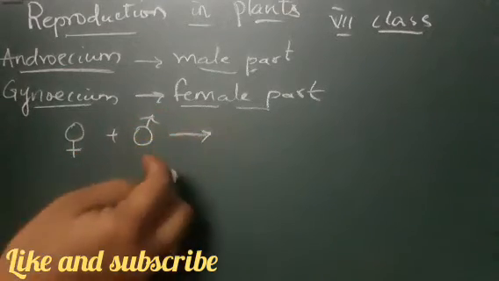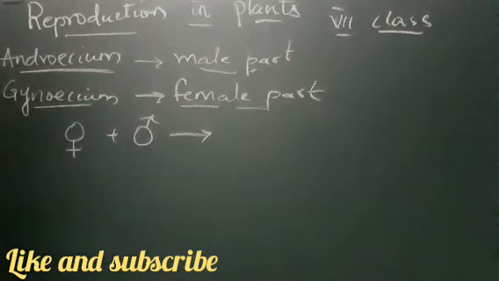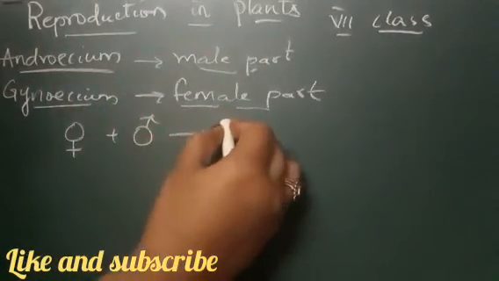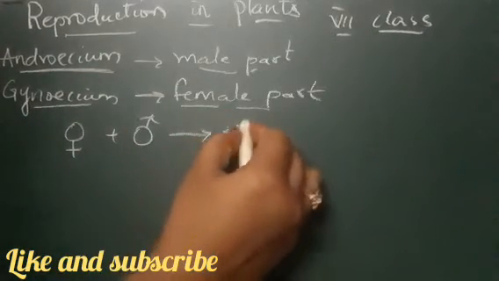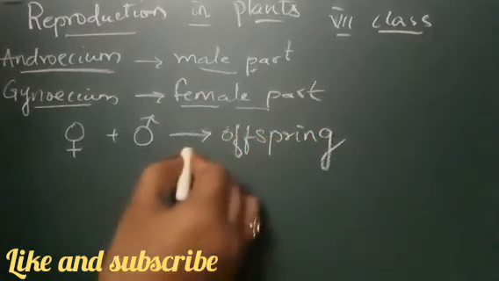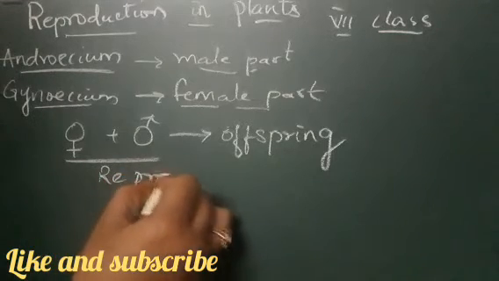When they bind together, when they interact, when they come close to each other, then they form a new flower or new offspring. New offspring, that is nothing but called reproduction.